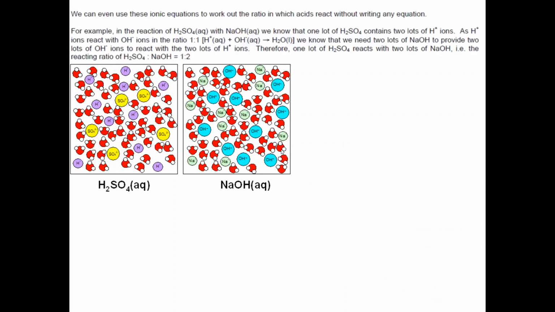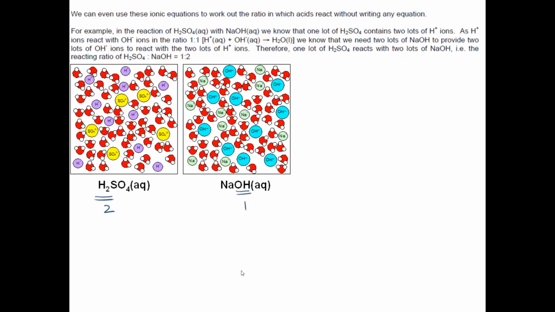Now we can use ionic equations to work out the ratio in which acids can react without any equation. So you can see if we have H2SO4 and NaOH, we know that one lot of H2SO4 has two lots of H plus, right? But here the OH is 1, so this is 2, this is 1.